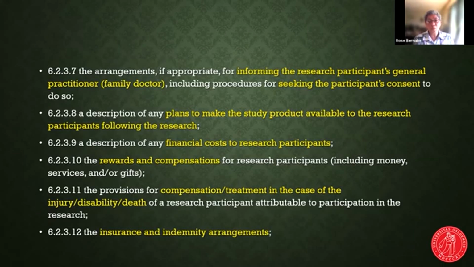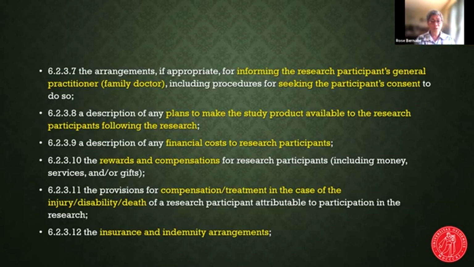This is not always appropriate or necessary to do. But when it is, then what are the arrangements to do that? And what are also the arrangements to make sure that before that is being done, there's the actual consent of the research participant, of the patient participant, to do so.